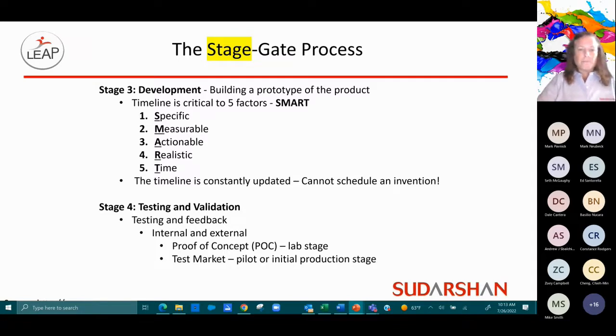And so we do partner up with our customers along the way in our product development programs, really just to make sure that we're doing what's required, and that we're on the right track as well. And finally, the last stage, of course, is the launching.